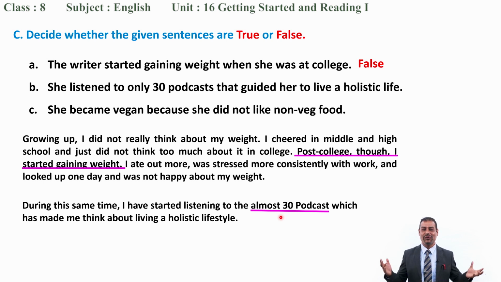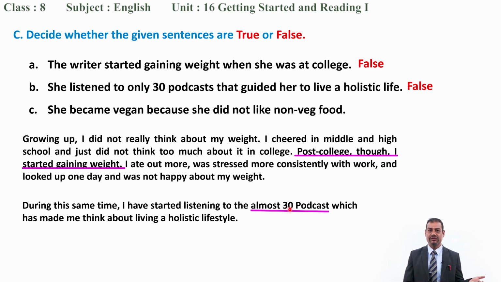So, based on this idea, you can write false for it, because almost means not exactly only 30. It can be 27, 28, 29. You can use this logic between only and almost.